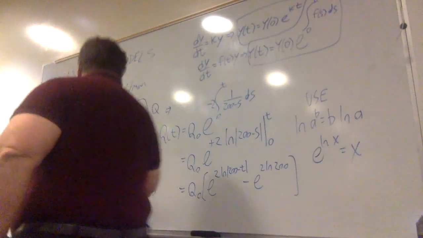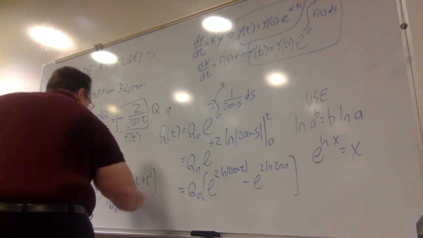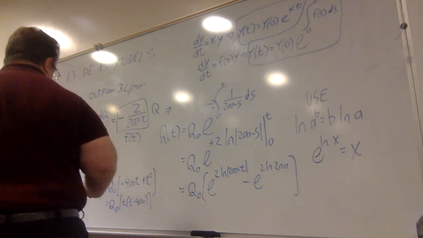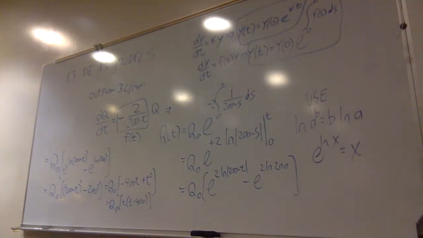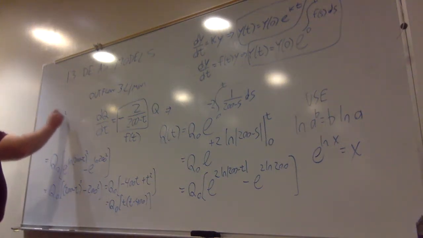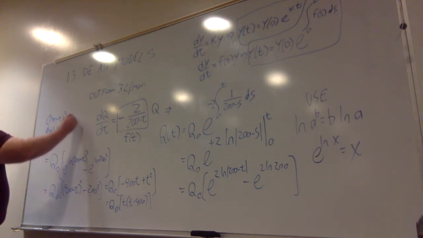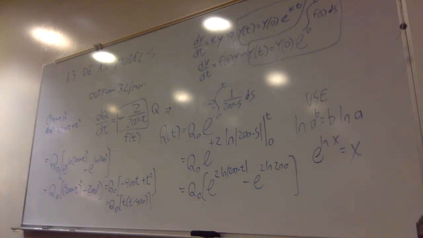Actually, I can simplify this a little bit. Something doesn't look right. Shouldn't it just be 200t? When I expand this, 200 minus t squared, I'll get 200 squared minus 2 times 200 times t plus t squared. So that's where the doubling comes from.